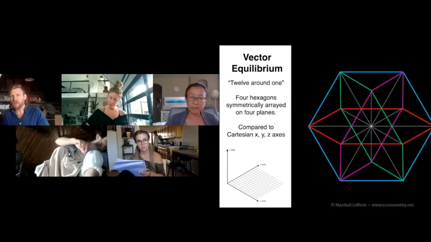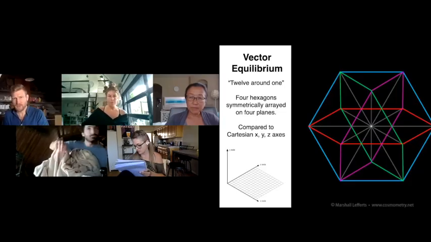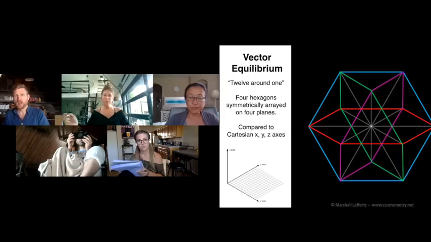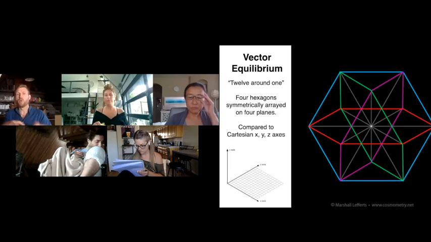And what's so interesting about this is that these symmetrical planes, this is a 4-dimensional shape. And it totally blows out of the water our accepted familiar XYZ axis 3-dimensional coordinate system, right?